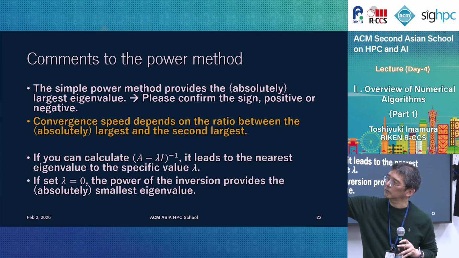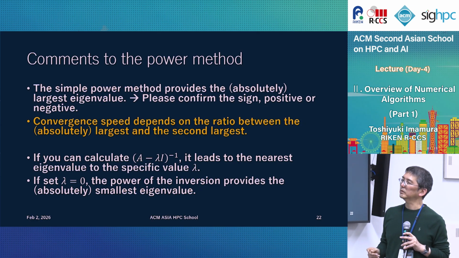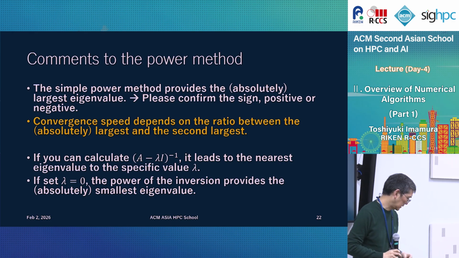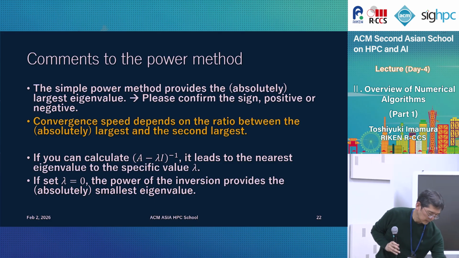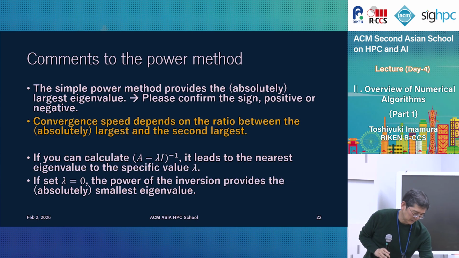If you set lambda equal to 0, the power method with inversion provides the smallest eigenvalue. But maybe you know, matrix inversion is a very costly numerical operation. So we use another approach to solve the eigenmodes, not only the largest one.